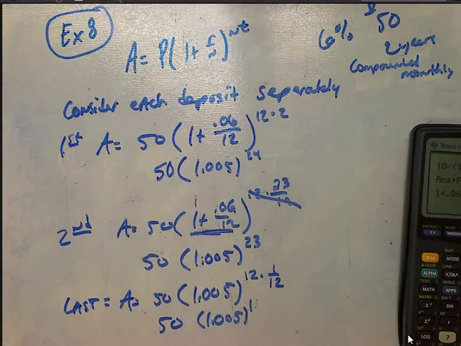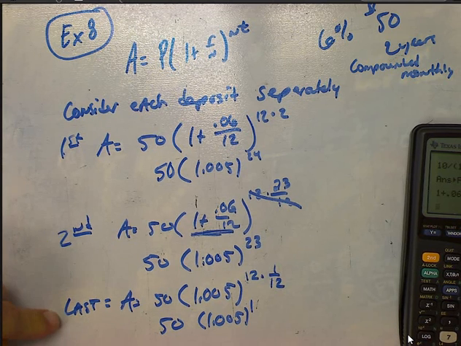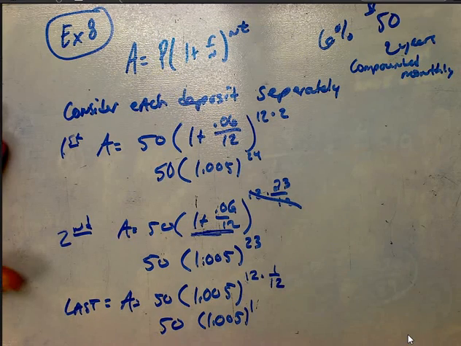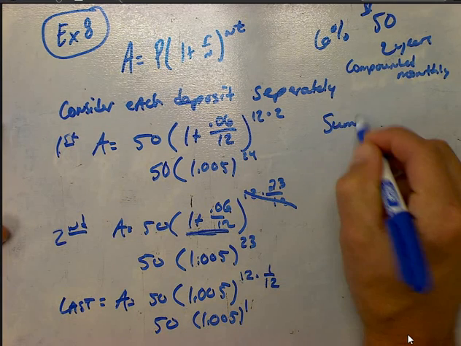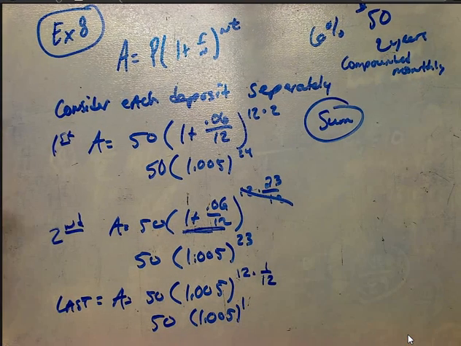Okay? And so now what I have to do is add up the first month, the second month, the third month, the fourth month, all the way down to the last month. So that sounds like a sum formula. And it's going to be the sum of a finite geometric sequence because we have a definite ending.